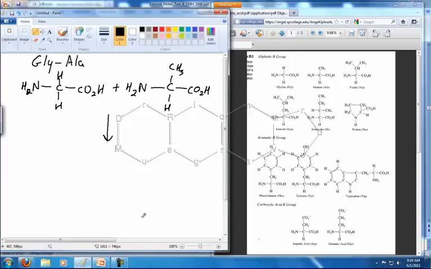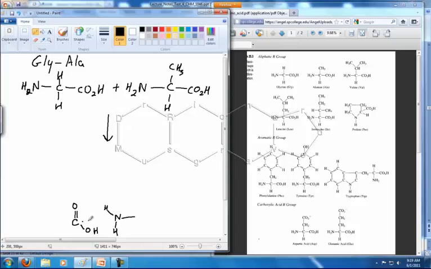Now down here I'll show the actual pattern for the joining part. So you'll have your C double bond OH, that's what CO2H breaks into or expands out to. You've got C double bond O and OH, CO2H. And then you've got your NH2, and I'll draw that out with the two hydrogens on it.